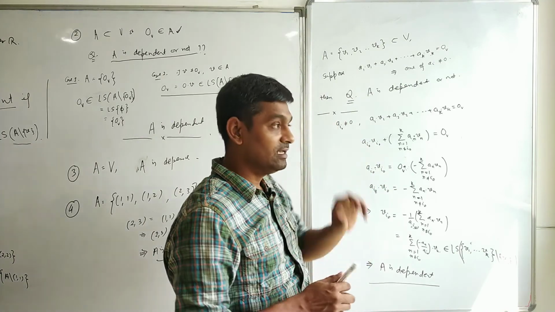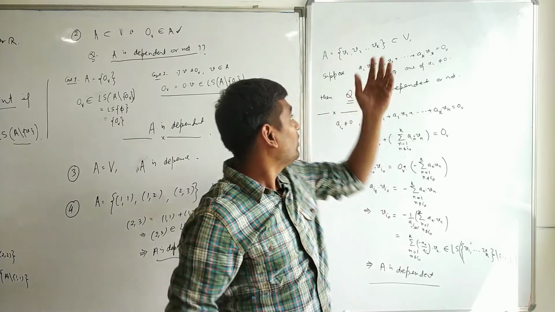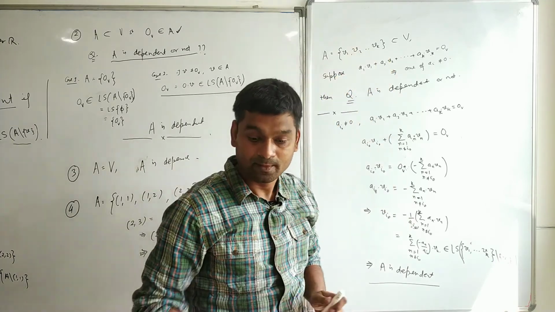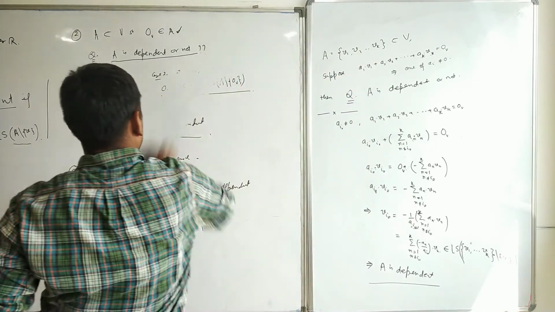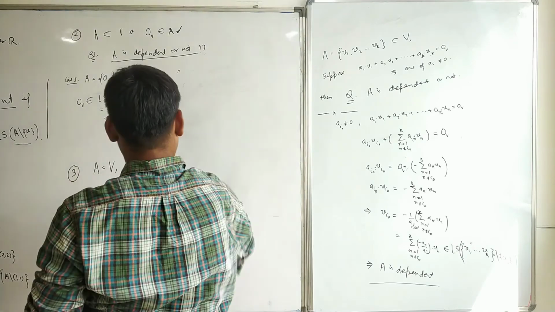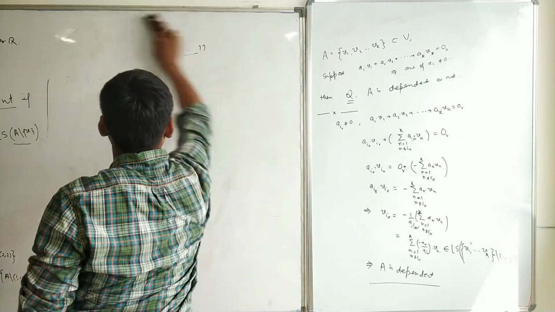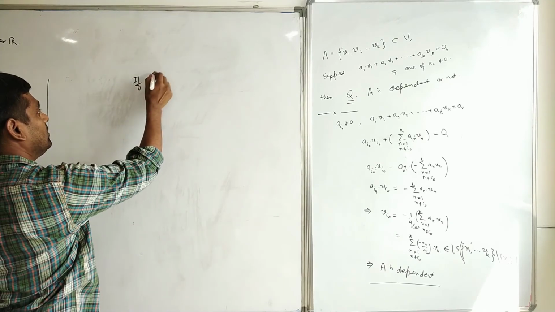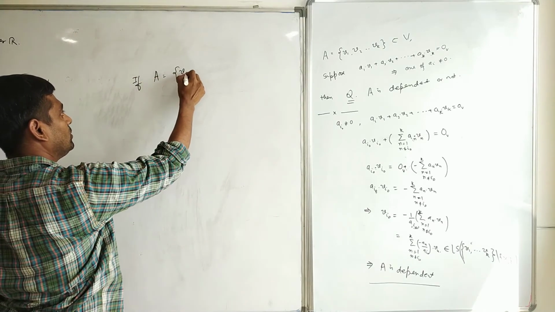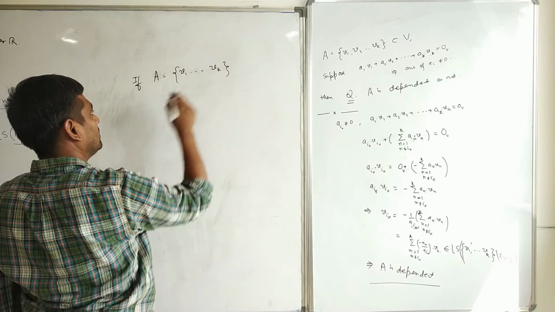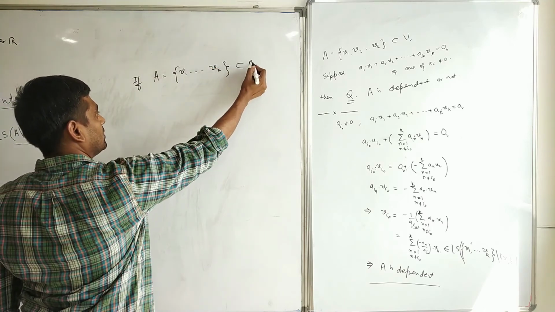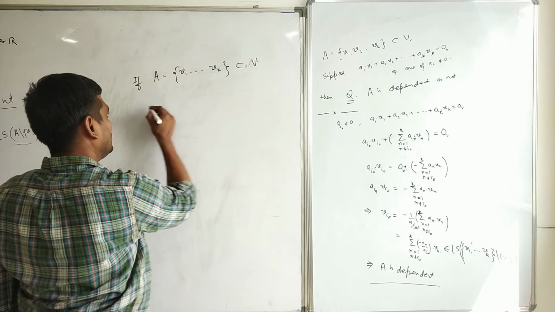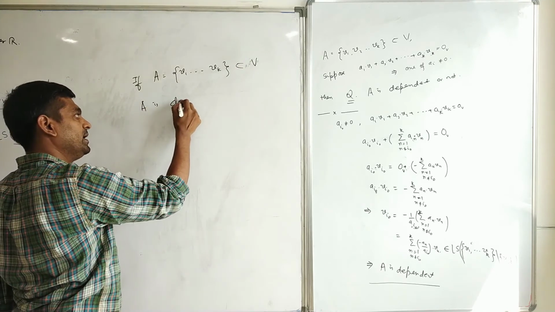What is the criteria? Let me write down here: if A equal to v1 to vk is a subset of V, A is dependent.